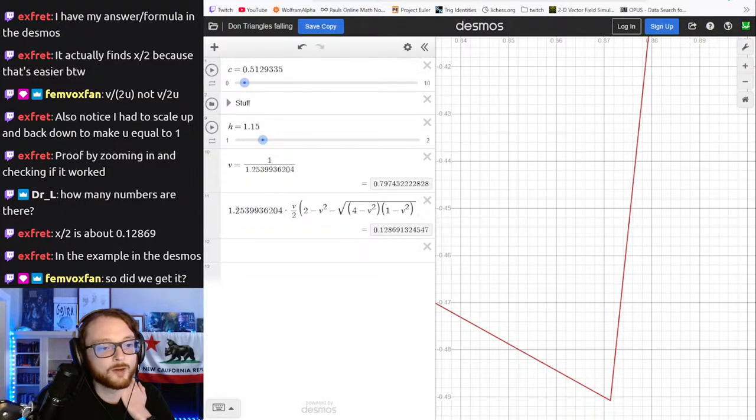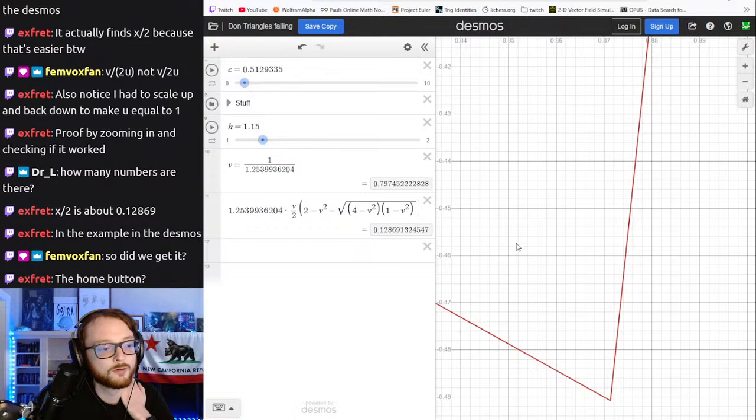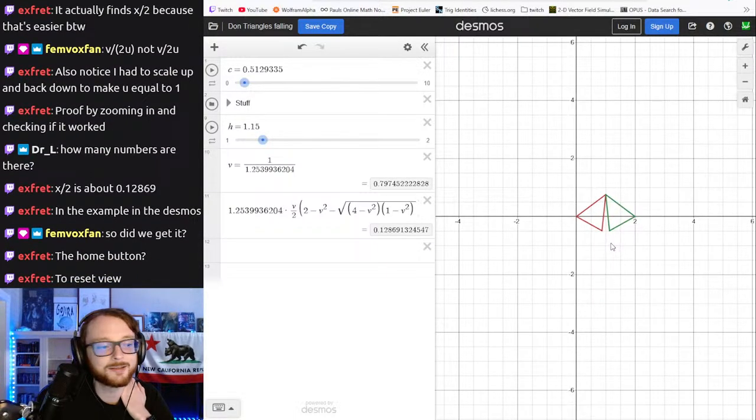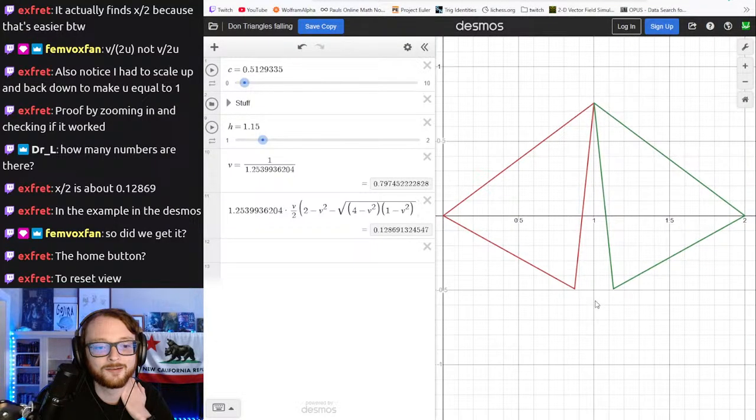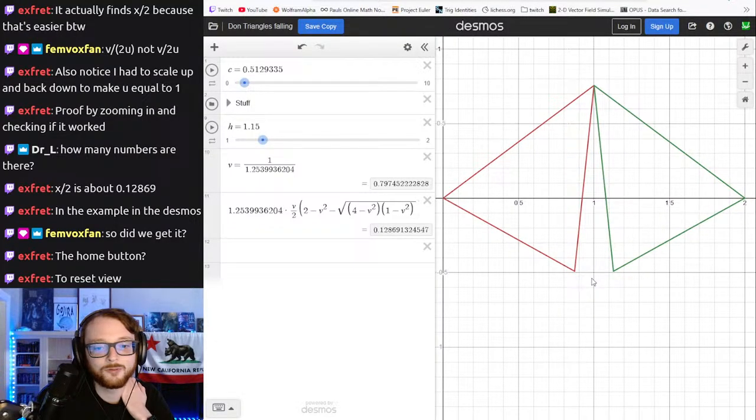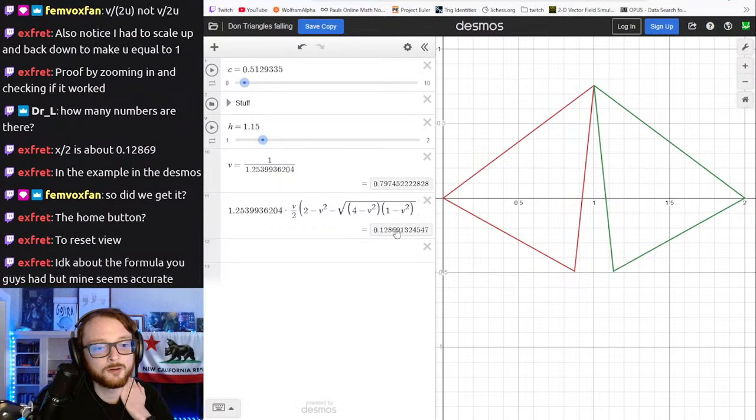I think xfret got this expression here for x over 2, and it seems to work. The home button? Oh. Ah, that's smart. So the claim is that if you double this number here, that is that distance down there. And that seems about right.